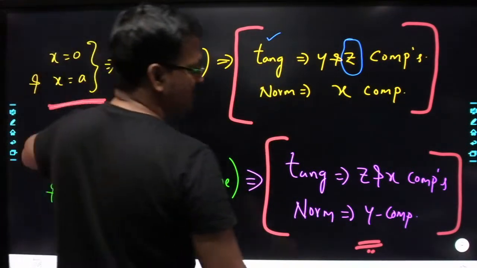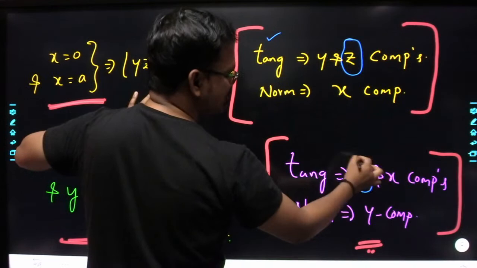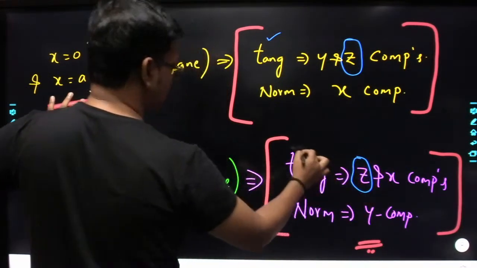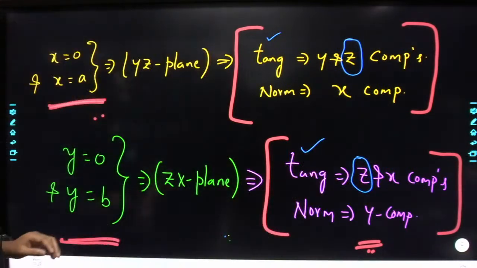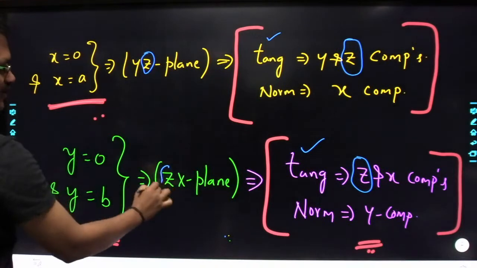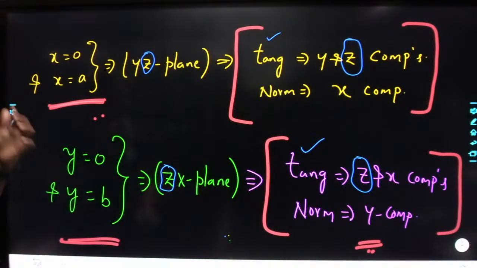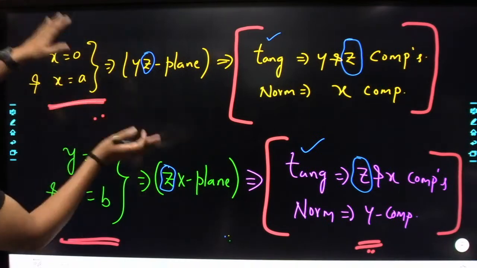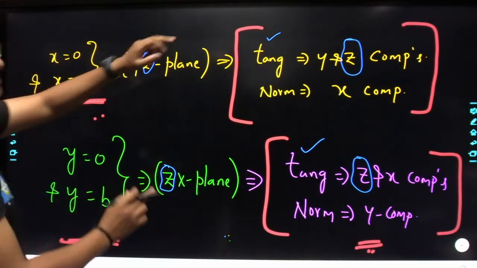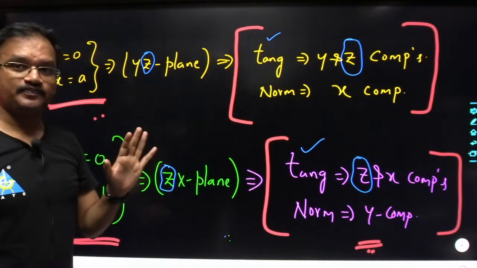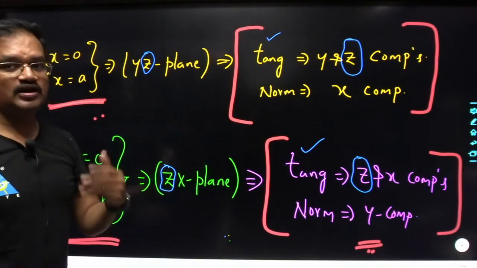Similarly here also you are having a z component. So this z component is also behaving as what? Tangential with respect to what? The zx planes. See, in both the yz plane and the zx plane, what is common here? Z is common. Understood? So that means the z component with respect to these four plates is behaving as a tangential component, whether it is electric field or magnetic field.